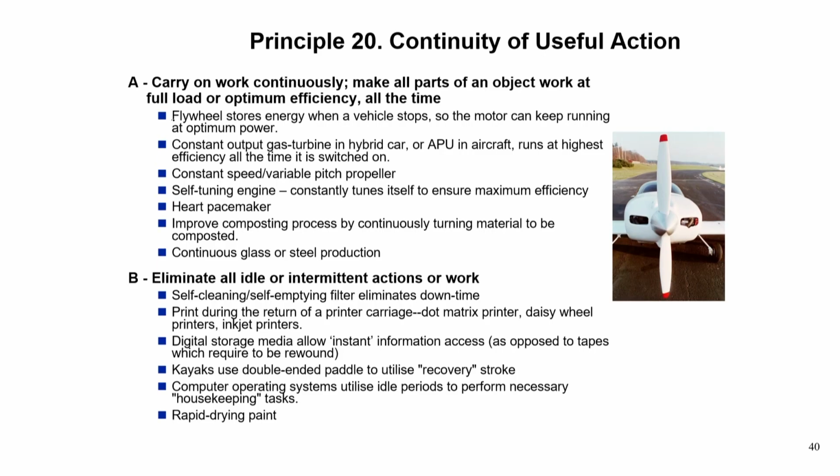In a station, even if the train is waiting, the diesel engine is not stopping, it is continuously running. Similarly, a flywheel stores energy when a vehicle stops. Other examples: constant output gas turbine in hybrid car, constant speed variable pitch propeller, self tuning engine, heart pacemaker. So, these are some of the examples.